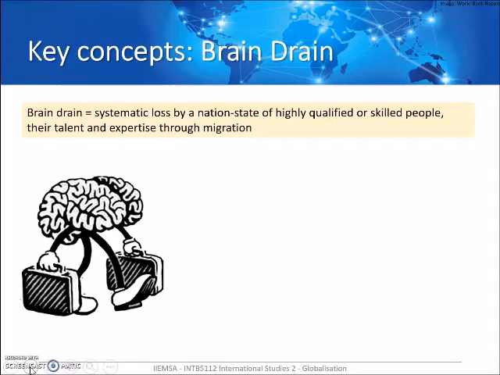And this can be very devastating for a country, right? Particularly for a developing country that would need those highly qualified and skilled people the most. When there's a systematic migration of those people, it can be very difficult for a nation state. It can have a very negative impact.